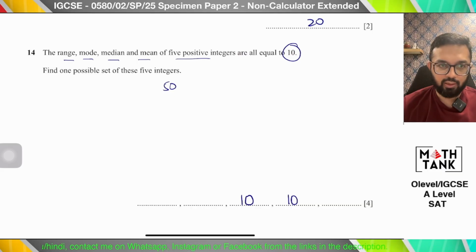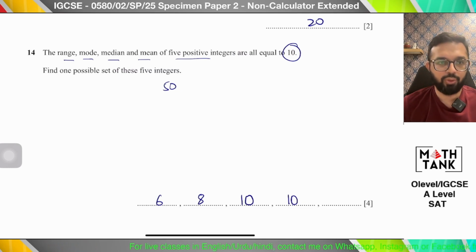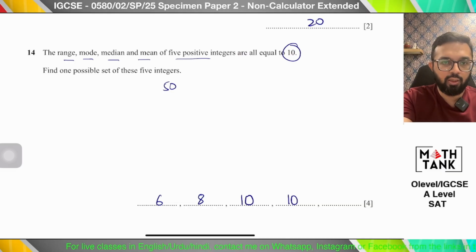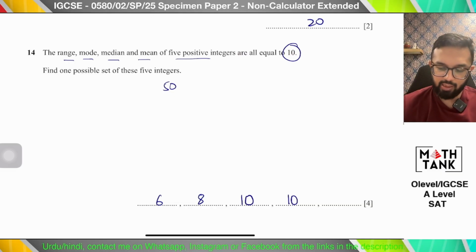So let's say I use 8 here and 6 here, and this is just merely me guessing numbers. I don't think there is a way of figuring this out without guessing.